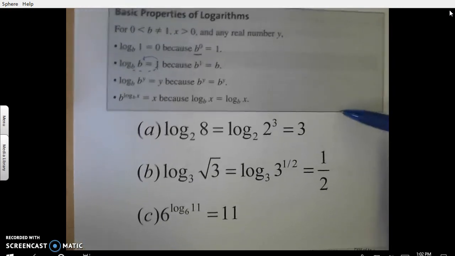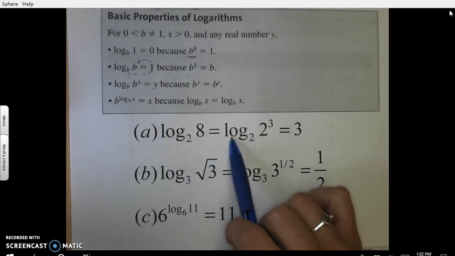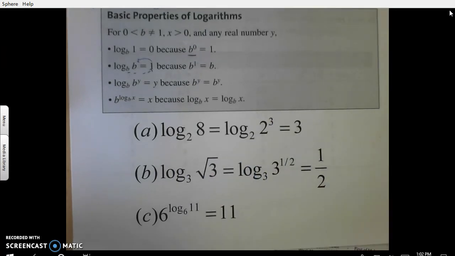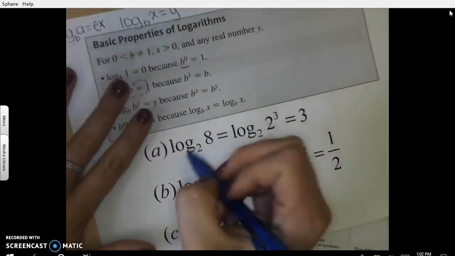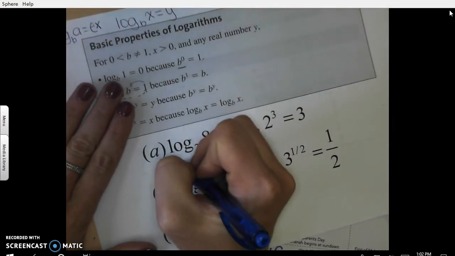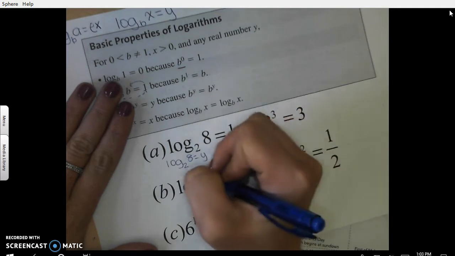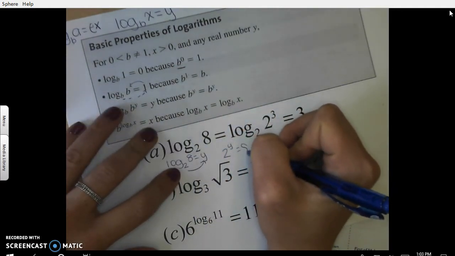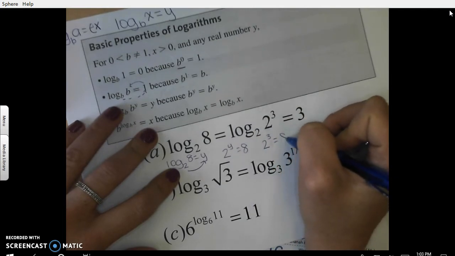Just some examples. Log base 2 of 8 is equal to log base 2 of 2 to the third power, and if we want to figure out what this is equal to, it's 3. We could also ask: log base 2 of 8 is equal to what power? 2 to what power is equal to 8? 2 to the third power is equal to 8.